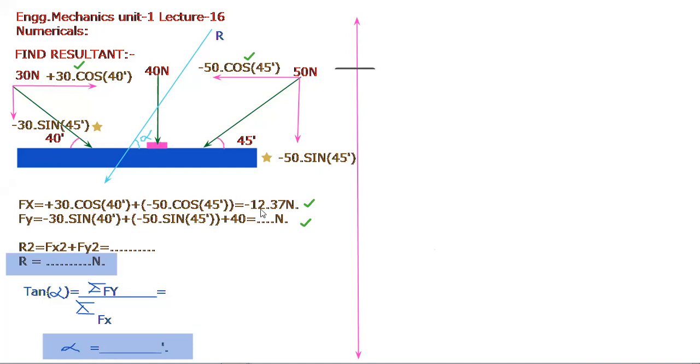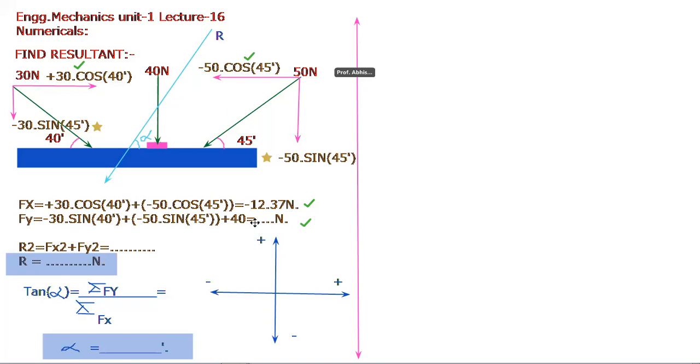As the Fx is having negative sign, it is clear that it will lie in either second quadrant or in third quadrant, because your sign convention is like this, right? This is your sign convention.